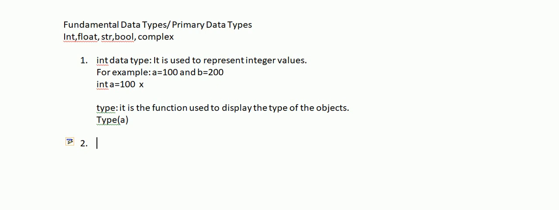Now the second one is the float data type. The second data type is the float data type. This data type is used to represent decimal values, that is, numbers with a decimal point.